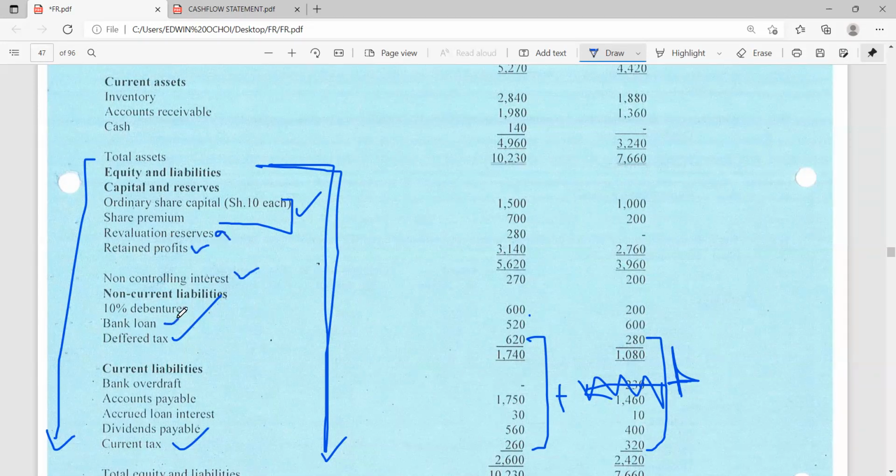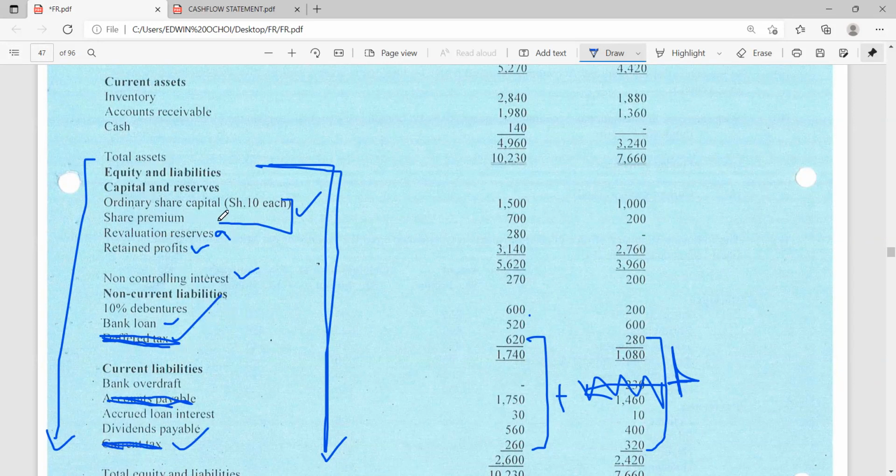For the loans, I would check if there is acquisition of loans or maybe we made a repayment. For deferred tax, we are done with it. For the overdraft, this is a cash and cash equivalent. For the accounts payable, we are done with it. Accrued loan interest, I have to do an analysis to determine interest paid. For the current tax, I'm done with that.